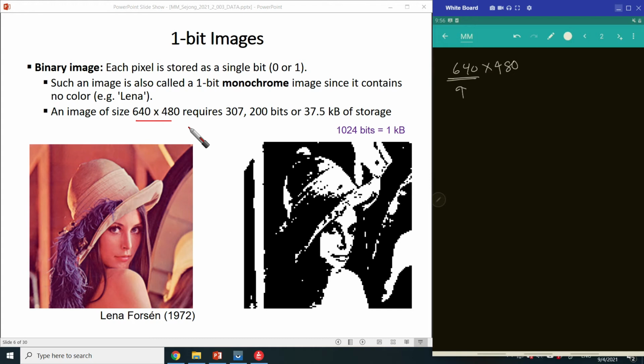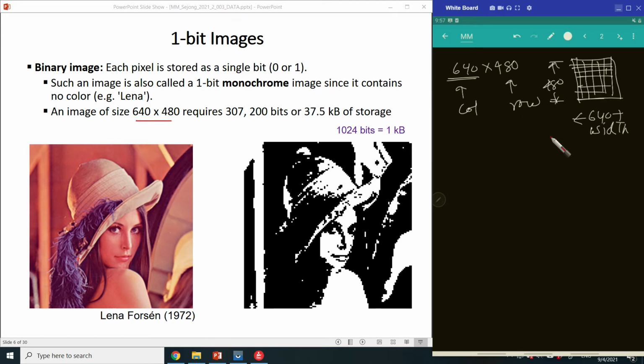You have 640 columns and 480 rows. We can see in this way how many columns there are: 640 columns, this is the width, or we can say image width. And how many rows are there? 480 rows. So this is an image size.